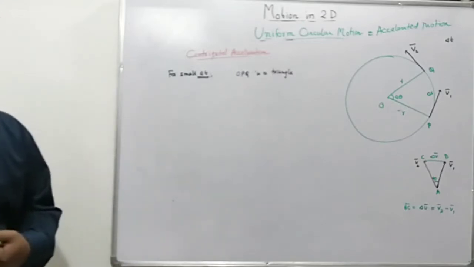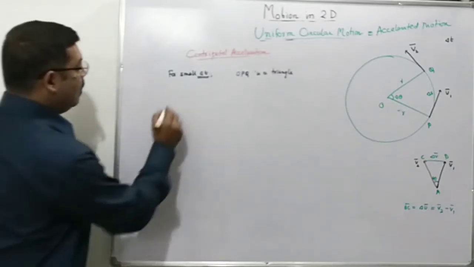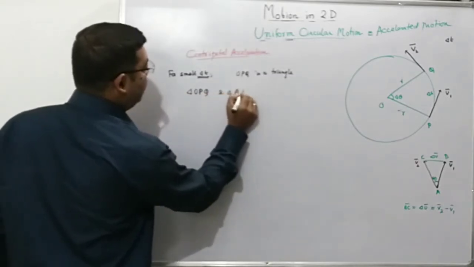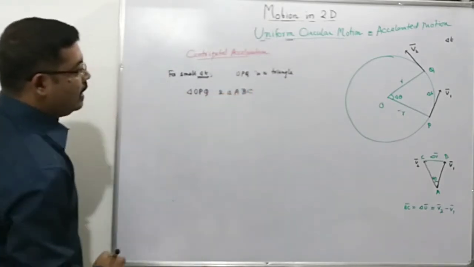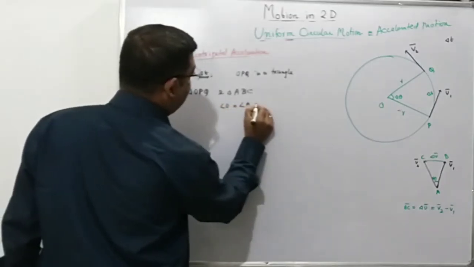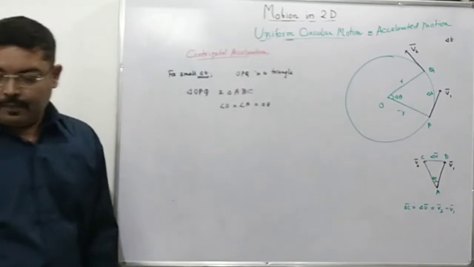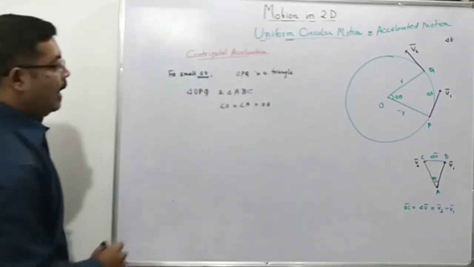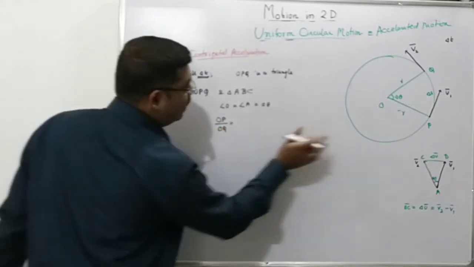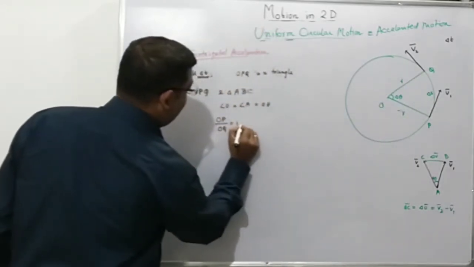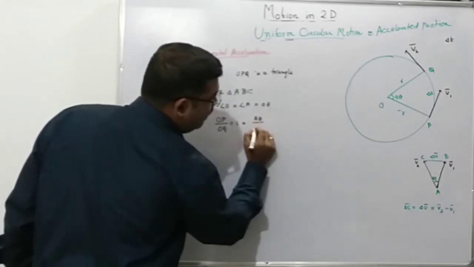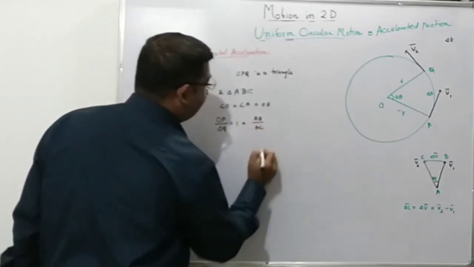Now if we consider these two triangles, OPQ and ABC, what we see is that angle O is equal to angle A is equal to delta theta, right? And length OP divided by OQ is equal to 1, which is equal to AB divided by AC.